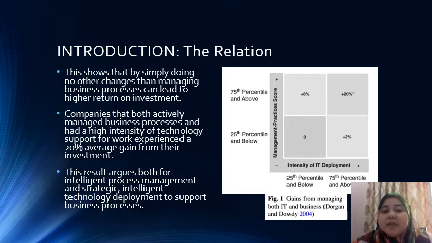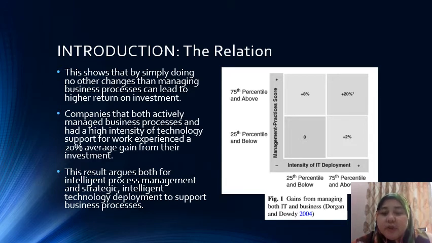At the lower left-hand grid we have 0, meaning if you do not manage your IT and your processes, you will find zero effective work processes.